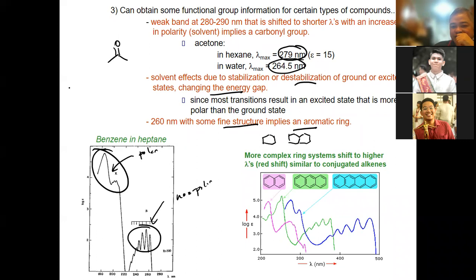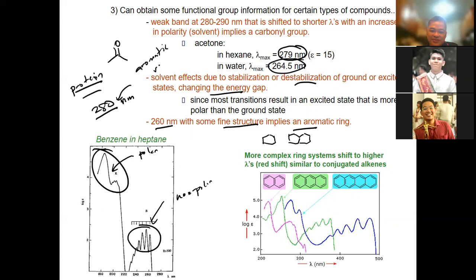Sa protein, ano yung ginagamit nila to determine the protein content? Diba usually it's either 260 or 280. Why? Bakit 280 nanometer para sa protein determination? Anong meron sa 280?